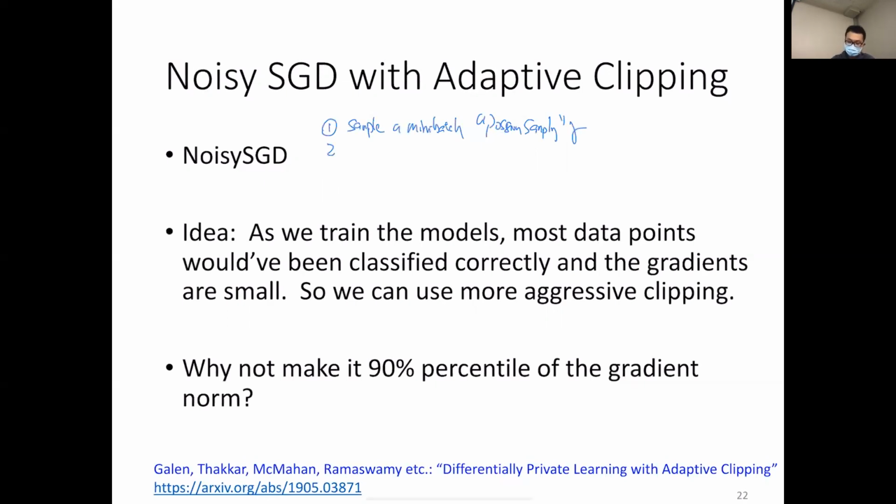And second, you update your parameter by moving a little bit towards the negative gradient direction. The negative gradient on the mini batch is now perturbed by a Gaussian noise, so that you apply a Gaussian mechanism. So altogether, this is the subsampled Gaussian mechanism.